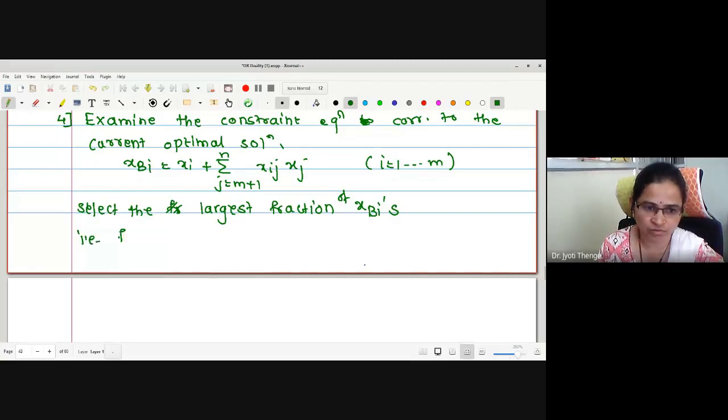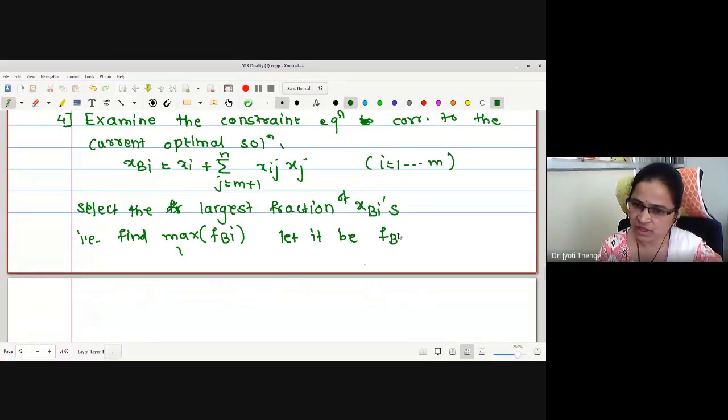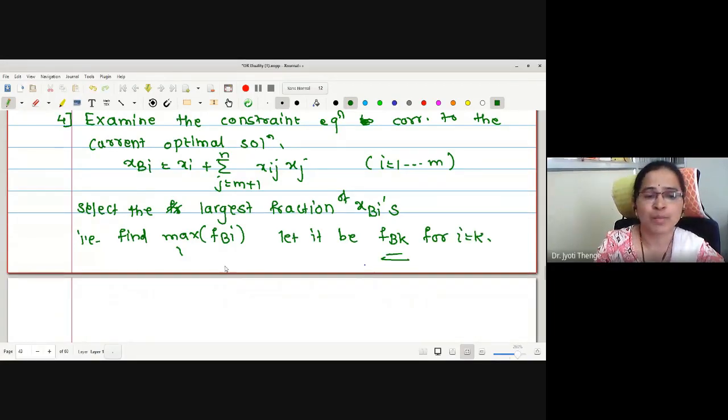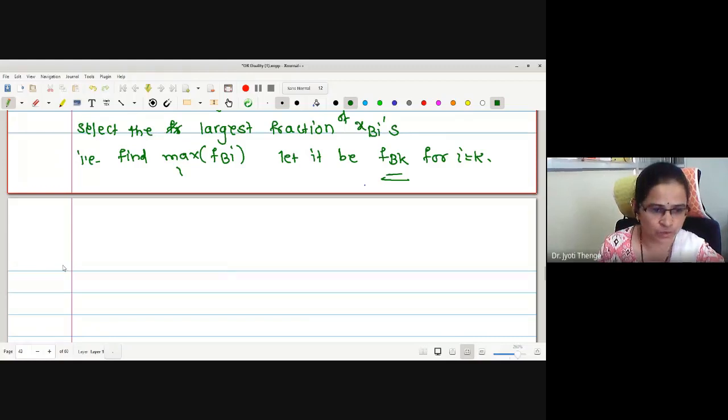That is, find max f_Bi, let it be f_Bk for i equals k. That is, the kth constraint is giving us the maximum fractional value.